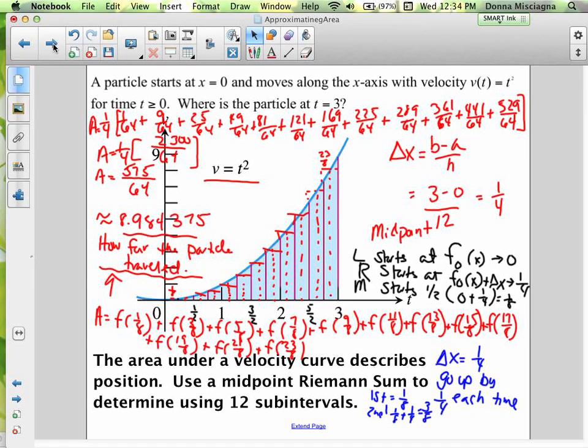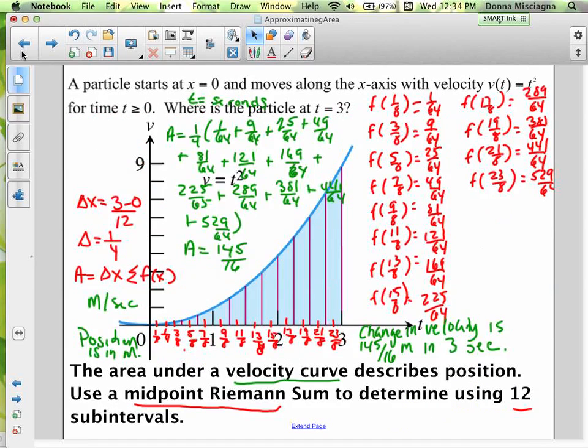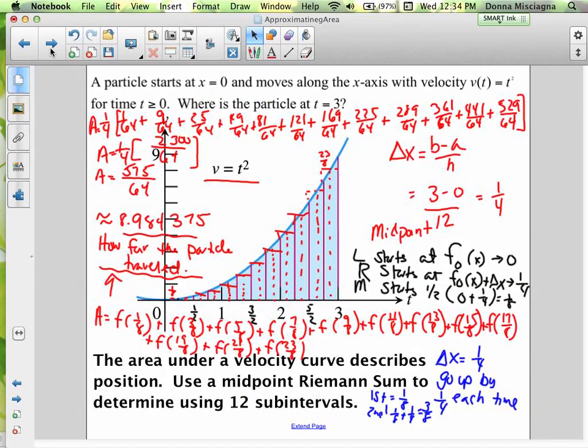So obviously this answer is wrong because it's missing a 20, but it has the right idea: the change in position, how far the particle traveled. I drew the bars on that one but didn't draw the bars on this one. Any questions on this one? I'll use the one with the bars already drawn in. I'll just fix that number.